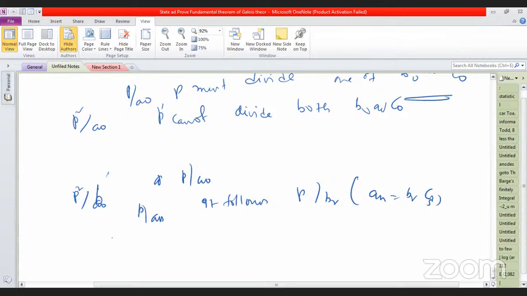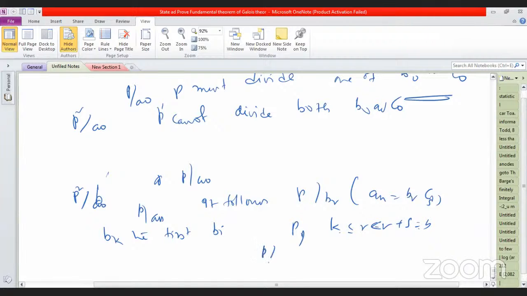So therefore bk is the first b_i not divisible by p, k less than or equal to r less than r plus s, which is equal to n.